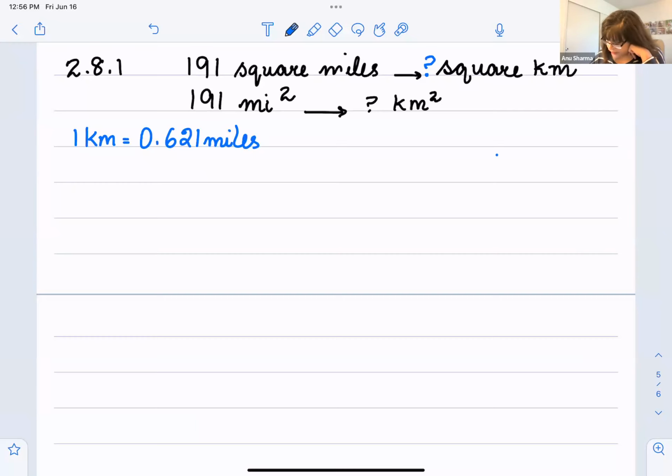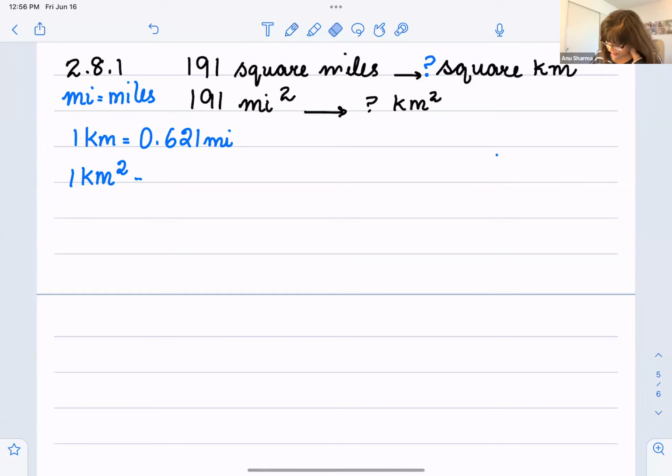So miles is MI, so I'll just keep it at MI now. So 1 kilometer is 0.621 miles. Now we want it in kilometers square. So this would become 1 kilometer square is equal to, so this whole thing has to be squared.